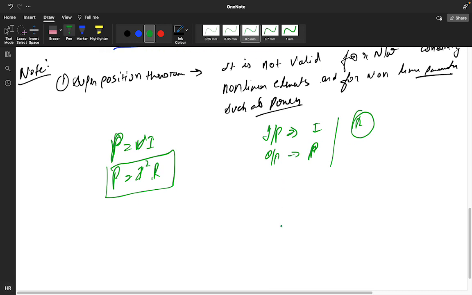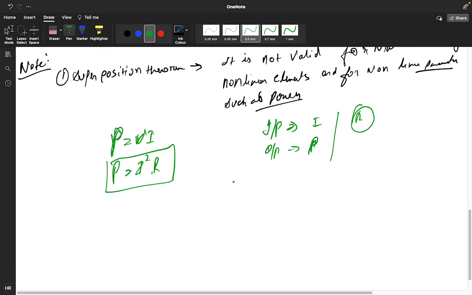Suppose I'm considering linearity. If you want to check for linearity, now you scale your input by alpha I1. So apply this here. Now this is your input. If you apply this to your input, what will you get?